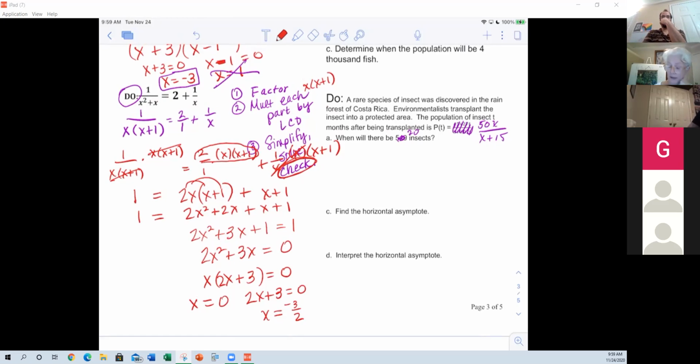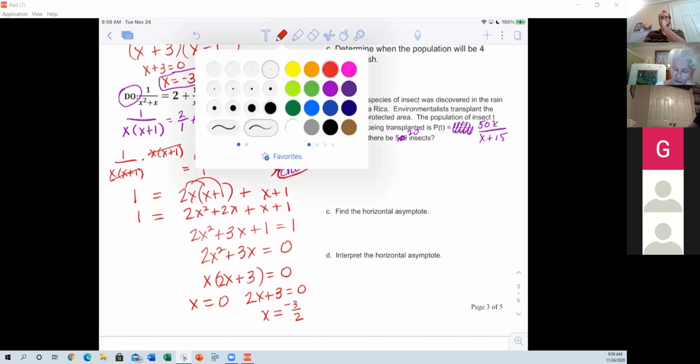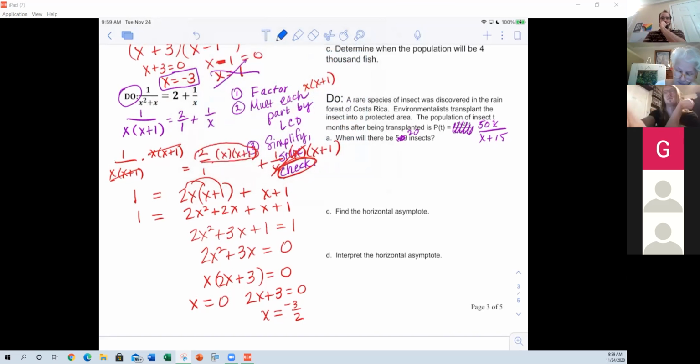So what is the domain of this original function? What can x not equal? -1. And what else? 0. 0, exactly, because those would both give you 0 denominators, right?